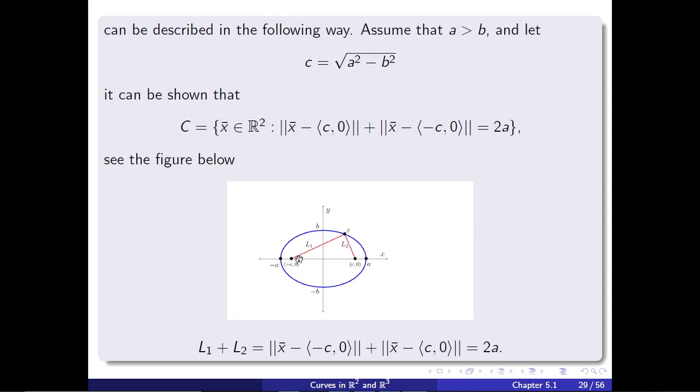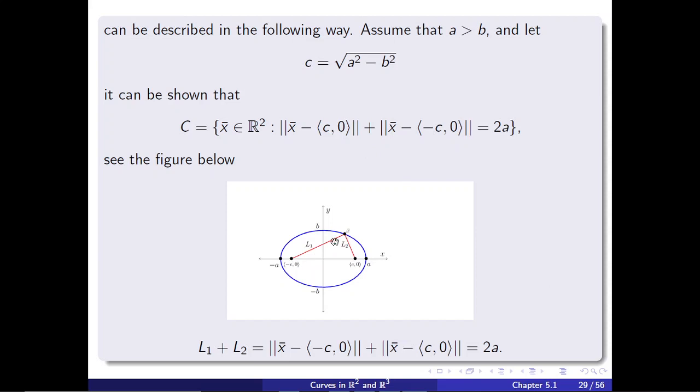the distance, so we are talking of L1 and L2. So what we are saying is that this has to be equal to 2a, so we can describe C in that way: if we look at those distances we should be able to get 2a, right?